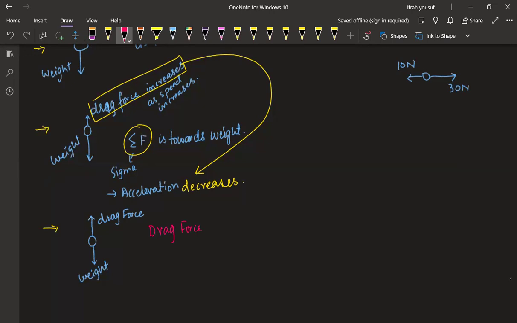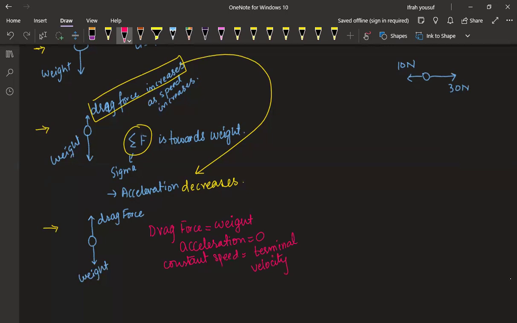That's why the object starts moving with the same, constant speed. Is this clear? So drag force equals weight in this case, and the acceleration becomes zero. Clear? Got it? And the object starts moving with constant speed, which is called terminal velocity. I hope this is clear now.